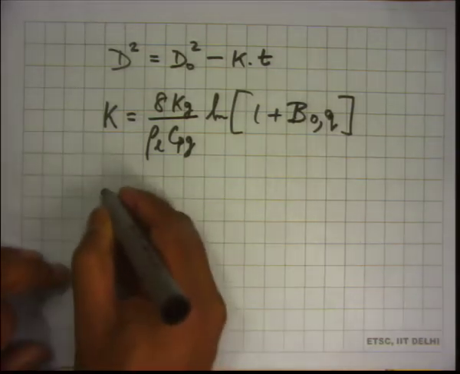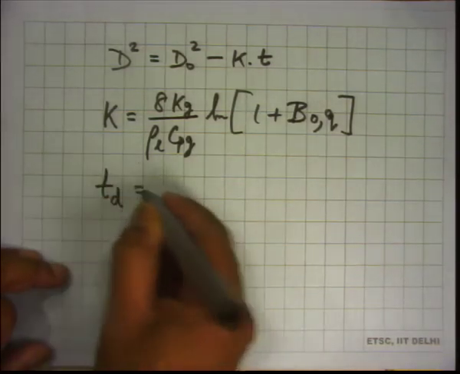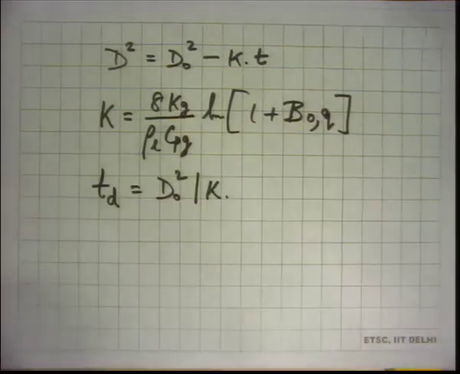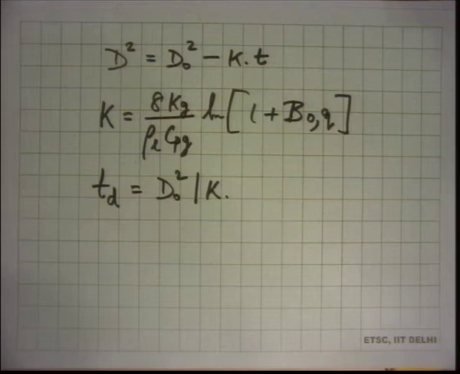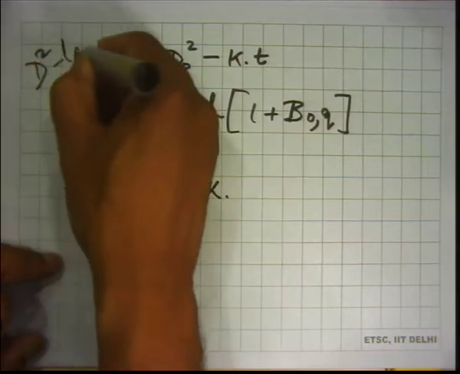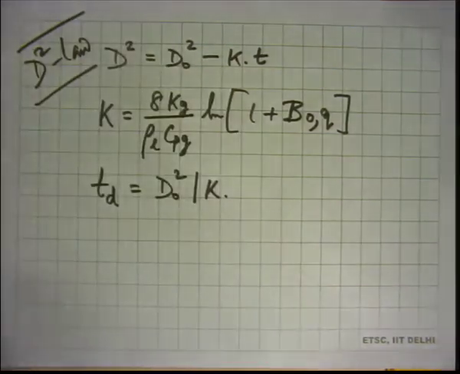And what about droplet lifetime? Droplet lifetime is this d naught squared by K. So this is d squared. We are doing the d squared law, and the only difference now is that we are doing it for combustion.